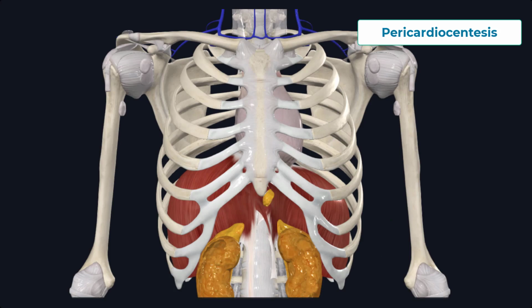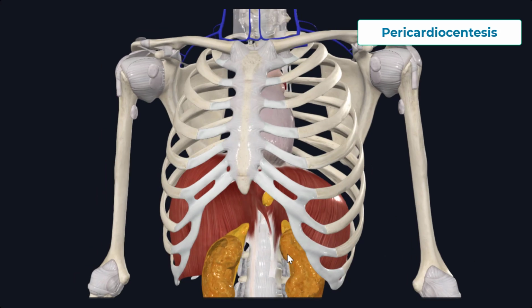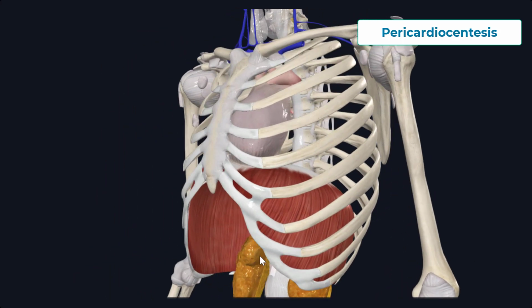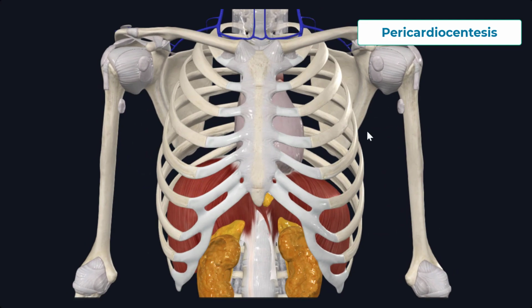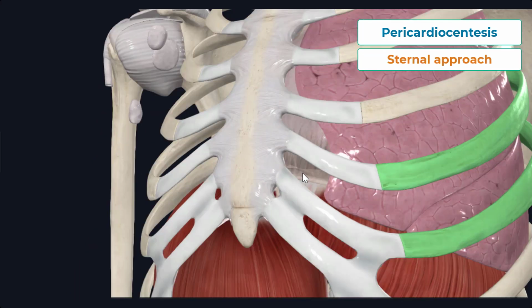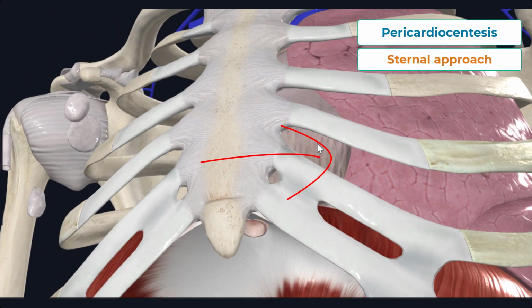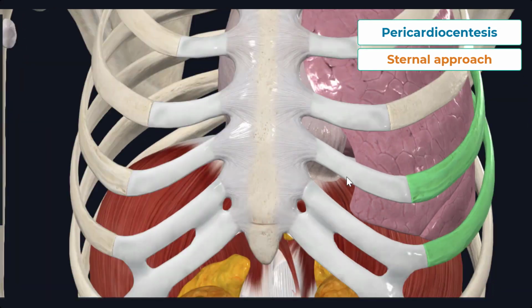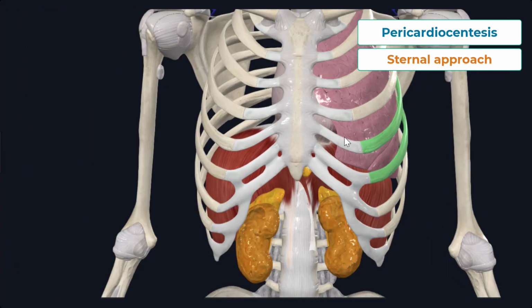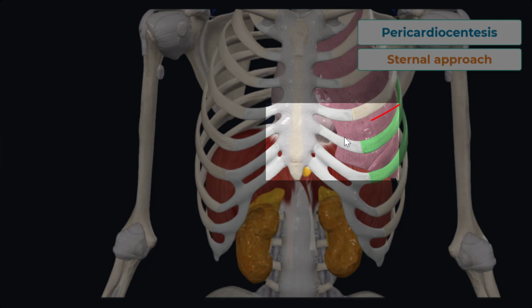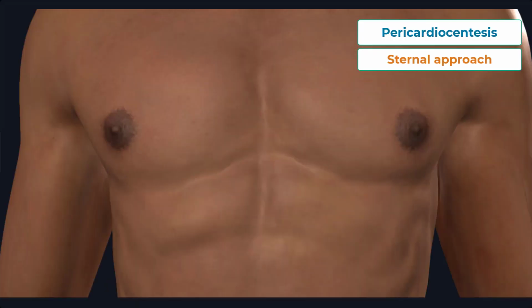Pericardiocentesis is the removal of fluid from the pericardial cavity, which can be approached in two ways: sternal approach. A needle is inserted at the intercostal space 5 or 6 on the left side near the sternum. The cardiac notch of the left lung leaves the fibrous pericardium exposed at this site.